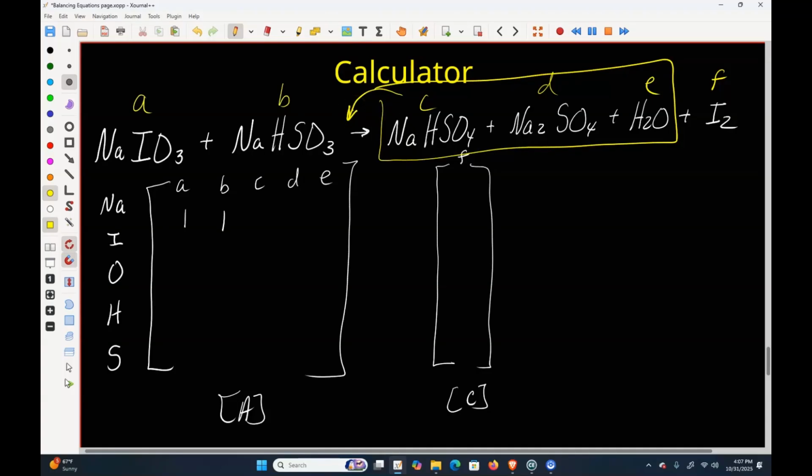Okay? So I have -1 in C, -2 sodiums in D, and no sodiums in E or in F.